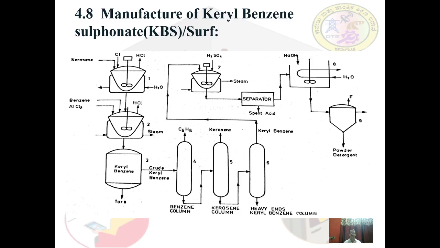from that. It is an exothermic reaction, so the reactor must be protected by controlling the temperature, that is by passing cooling water around it, and then these chlorinated olefins are dropped into the alkylator, where benzene and aluminum trichloride are added to this, where the alkylation of benzene takes place.